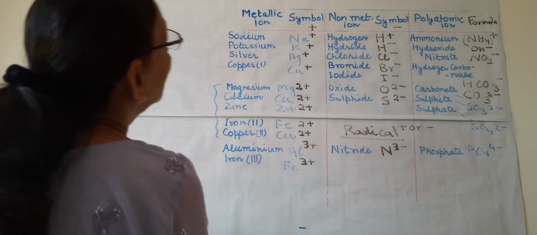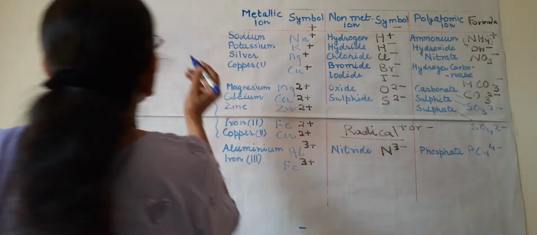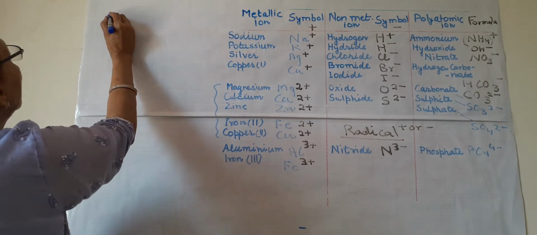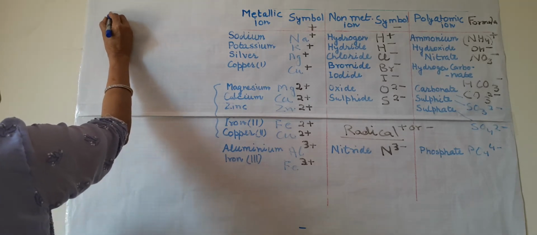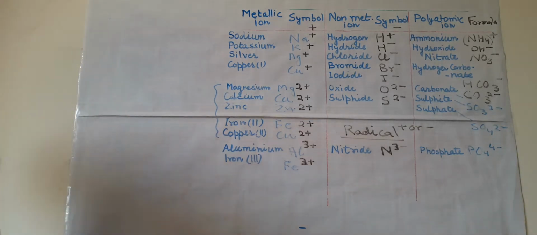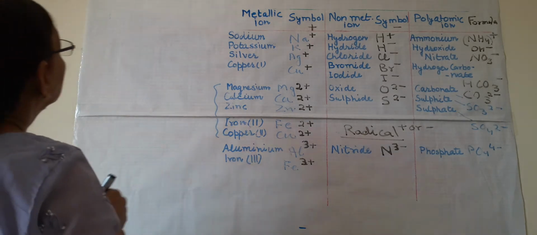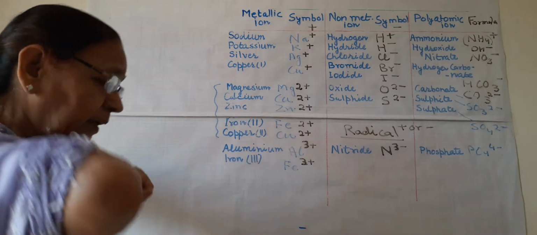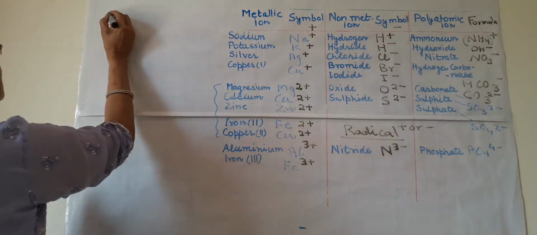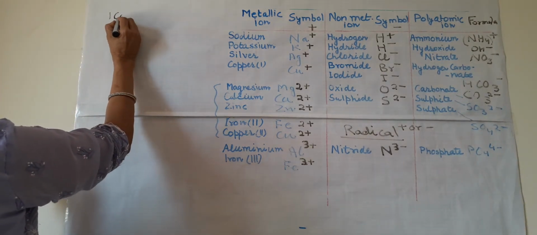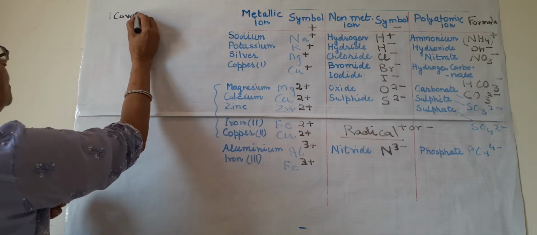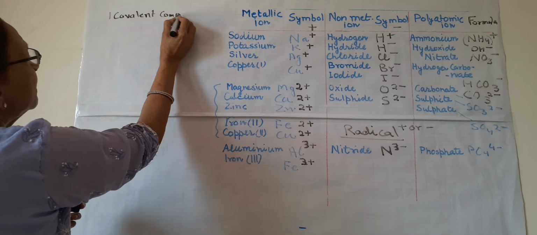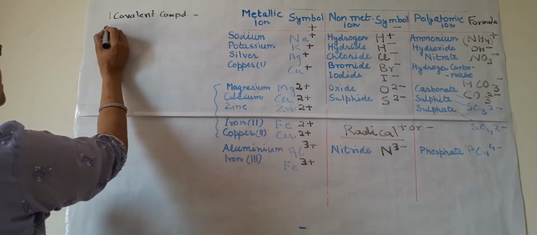Chemical formula we can write in 3 types of compounds. We are having 3 types of compound. One is covalent compounds. Covalent compounds we will study in detail in the next chapter.